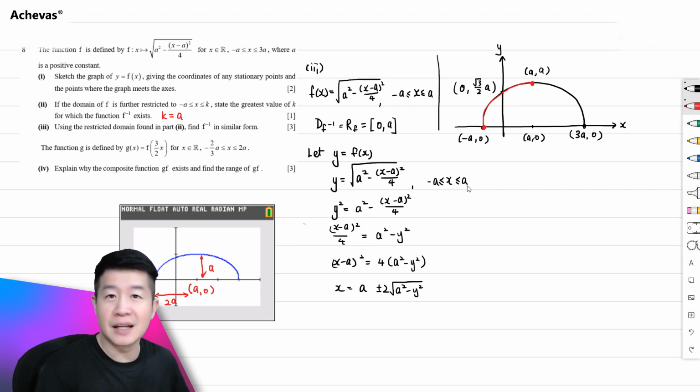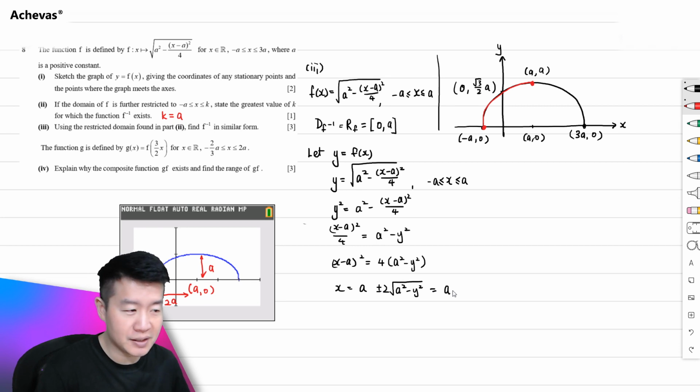But x is a variable that is less than or equal to a. So choosing between plus and minus, I'm going to choose minus so that x can be less than a. So this is a minus 2 square root of a squared minus y squared. And this is because x is supposed to be less than or equal to a.